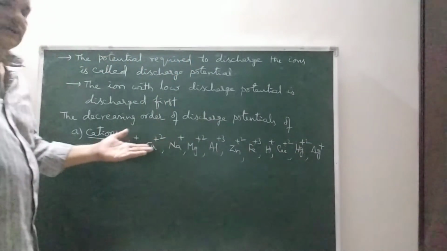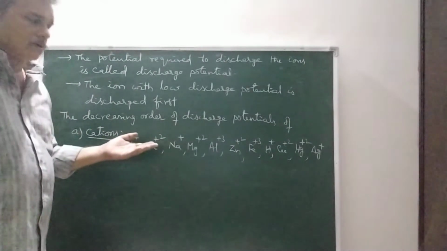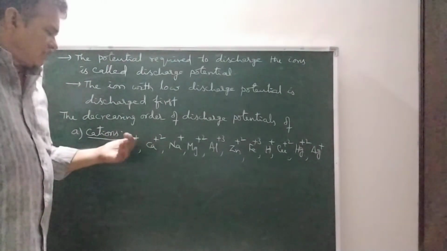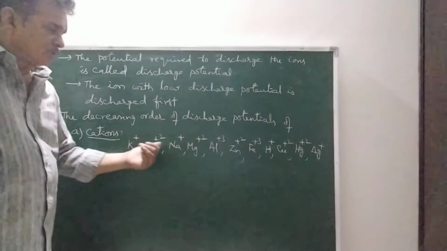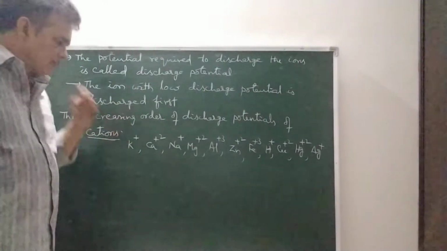So these are the common ions. In general, these are the ions whose discharge potential should be kept in mind, right?